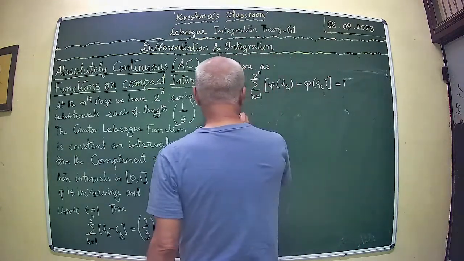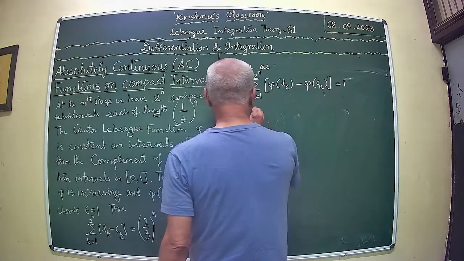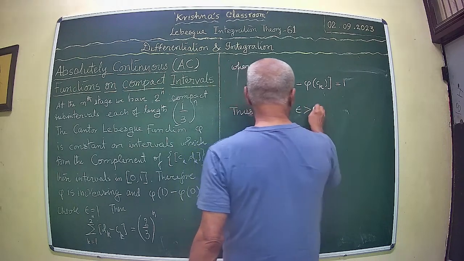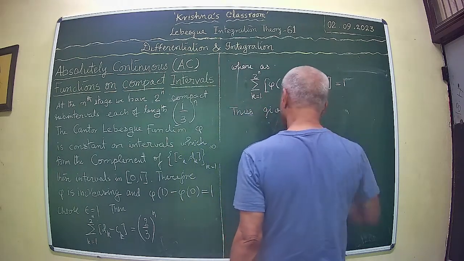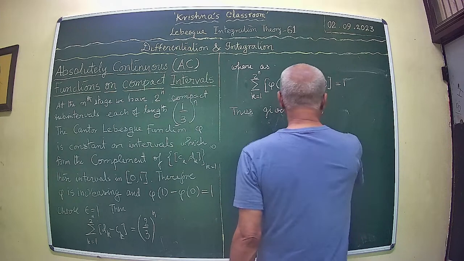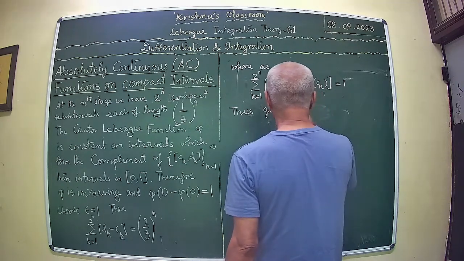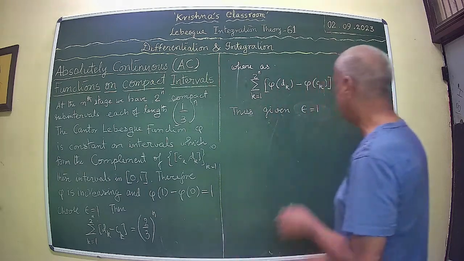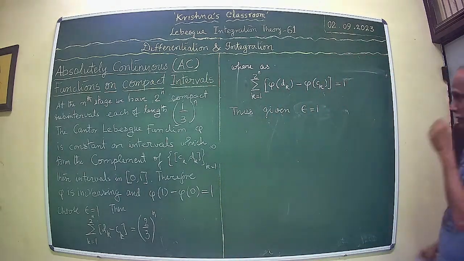Thus, given epsilon positive, epsilon equal to 1. That is, we are now making the choice of epsilon equal to 1.